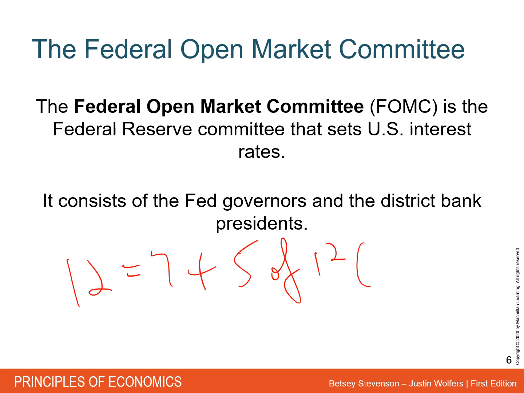And the New York president is always there. This committee meets every month, and at the meeting, they try to decide what the target interest rate in the economy should be.